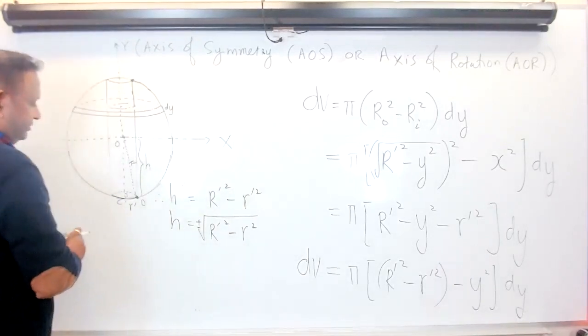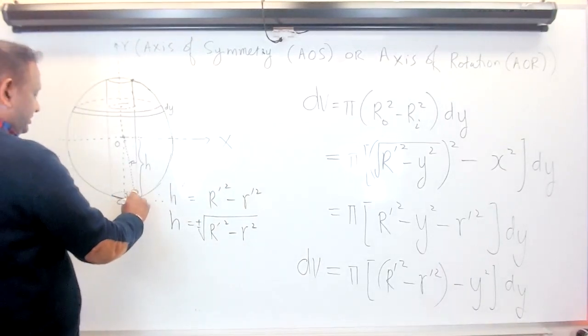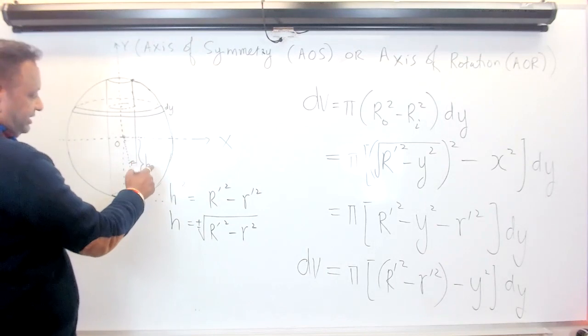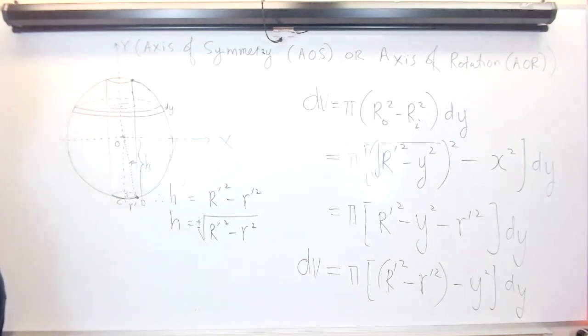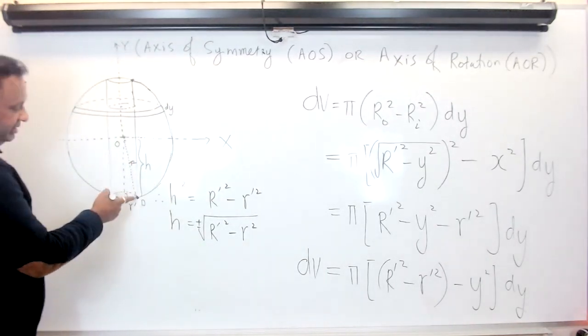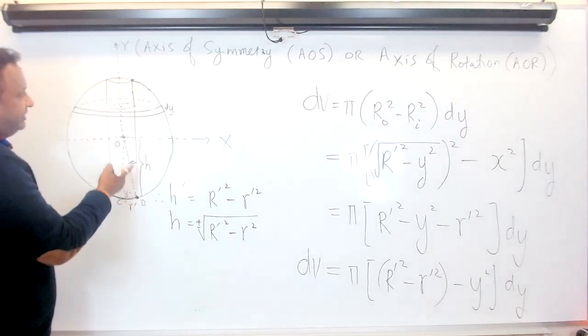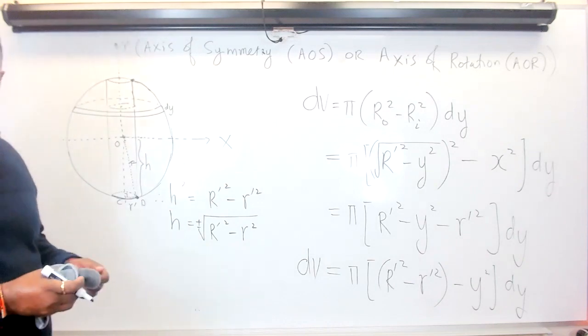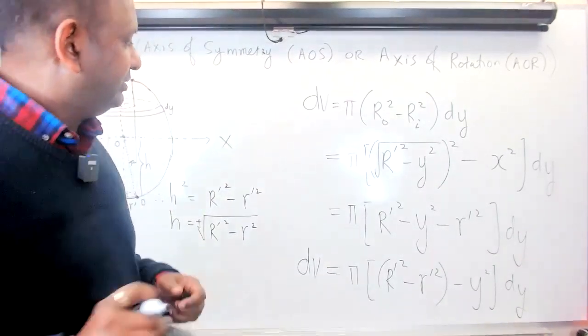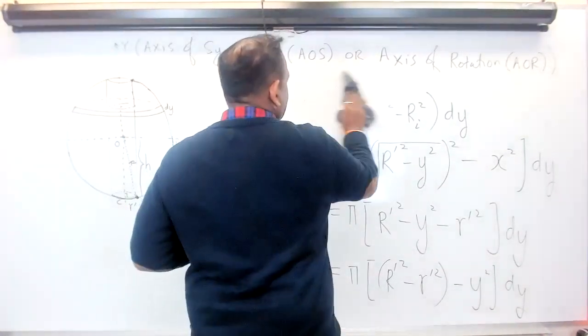That's H. So this H is that much. So you can easily integrate the shells from here to here, that means minus H to plus H. Therefore, let's go back to find the volume of the bead.